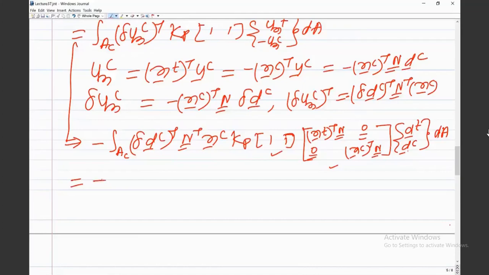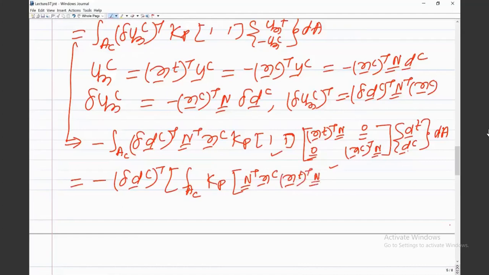So you can finally write that minus, with delta DC taken out of the integration sign. Then we have this matrix, integration over AC, and let me write KP over here. Inside, what you are going to get is N transpose into NC into NT transpose into N, that is the first one.